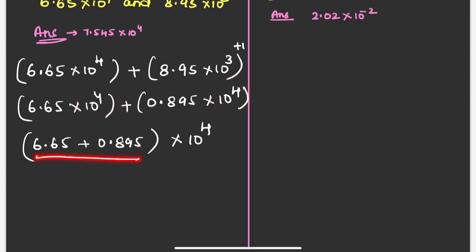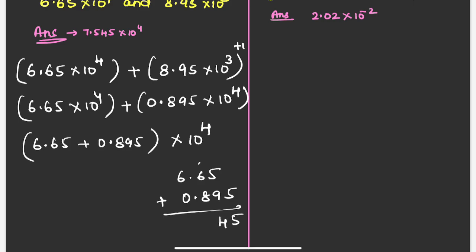Now add these two numbers. 6.65 plus 0.895. How much will you get? 5, 14, 8 plus 1, 9, 9 plus 6, how much will you get? 15, 5, 1, 7.545. So this is equal to 7.545 into 10 to the power of 4.